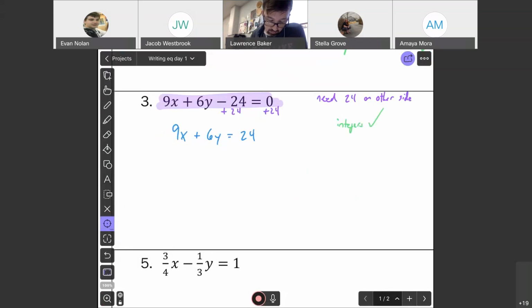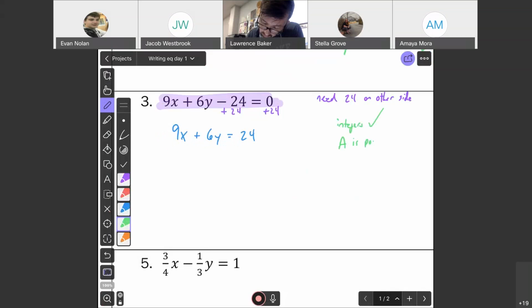Yes. And then the last thing we look at is, do the numbers have anything in common? So do 9, 6, and 24 have a number that goes into all 3 of them? Yeah, right, Peyton, 3.